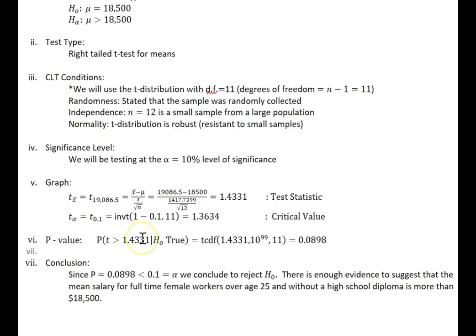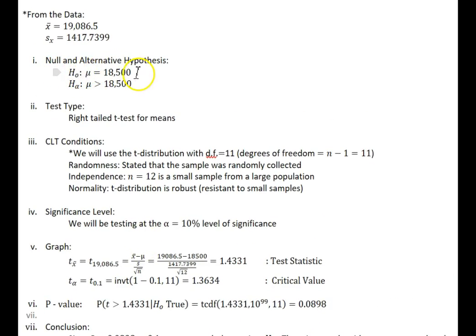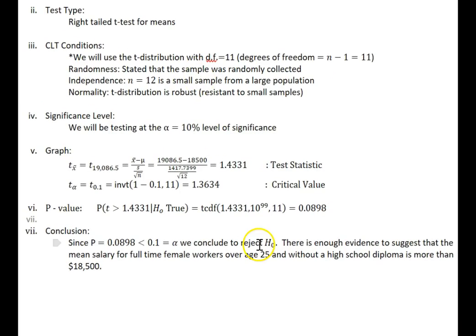It's more likely that me assuming that this is true is incorrect rather than me just happening to have a bad sample data. So there's enough evidence to suggest that the mean salary for full-time female workers over age 25 and without a high school diploma is more than 18,500.